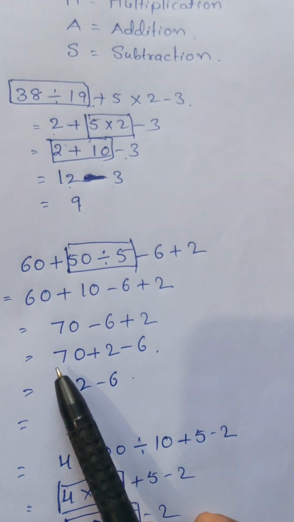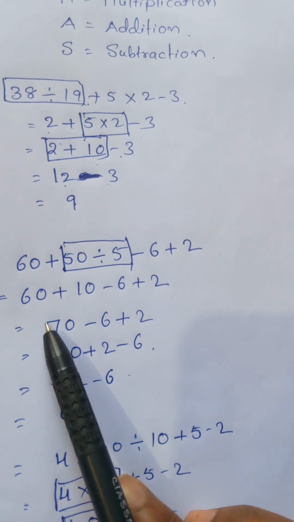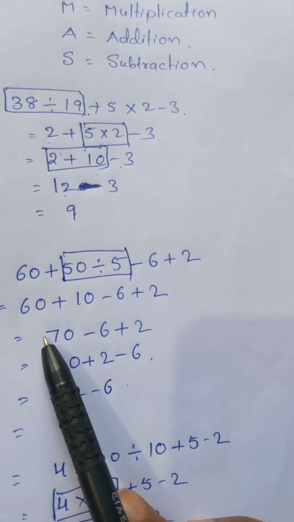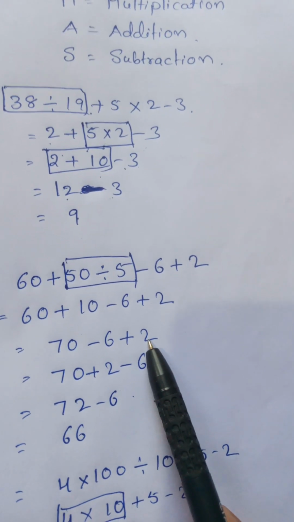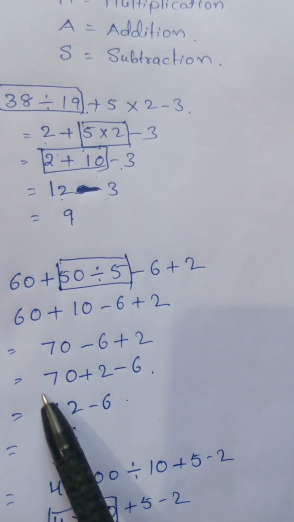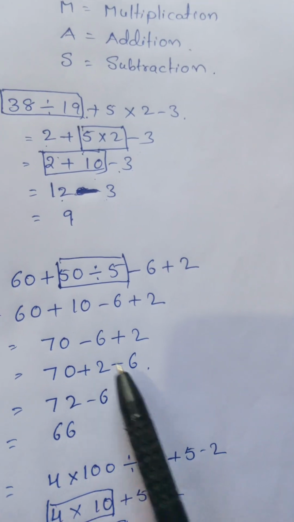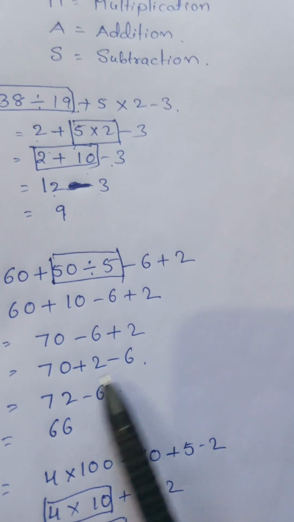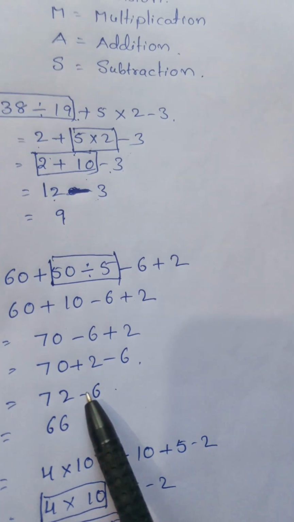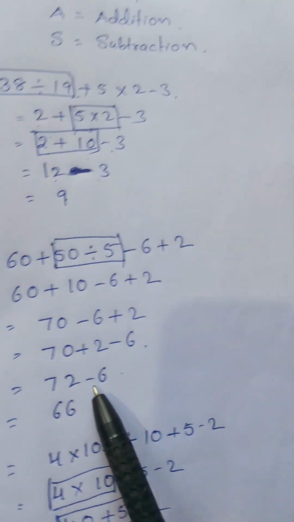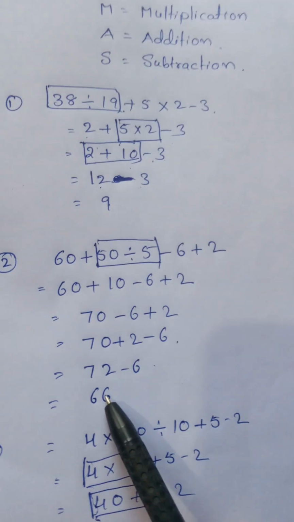Before 6 there is no symbol written, so we think it is a plus symbol. 70 plus 2, both are plus signs, both are added: 72. Then 72 minus 6, how much? 66. So the second answer is 66.